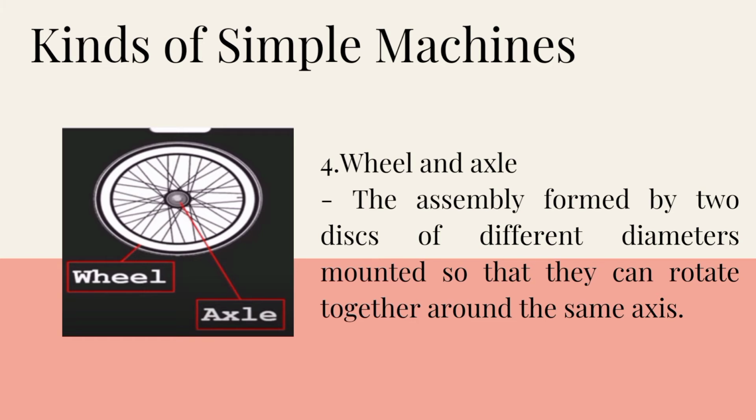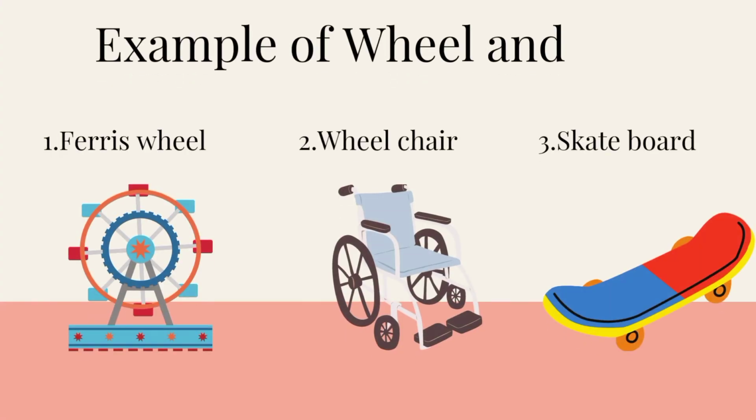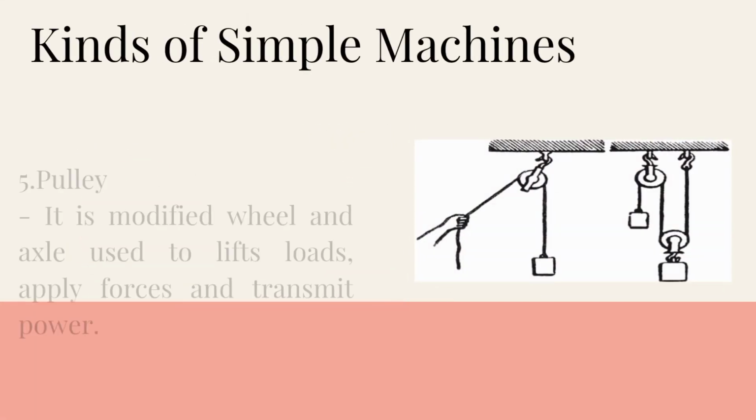While an axle is a rod or shaft that rotates the wheel and supports the weight of your vehicle. To move the load of the axle, the user needs to apply the effort to the larger outer wheel. Examples: Ferris wheel, wheelchair, and skateboard.